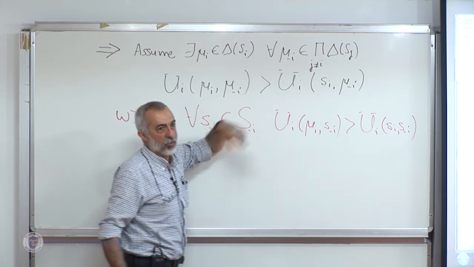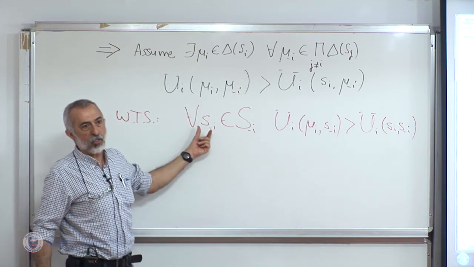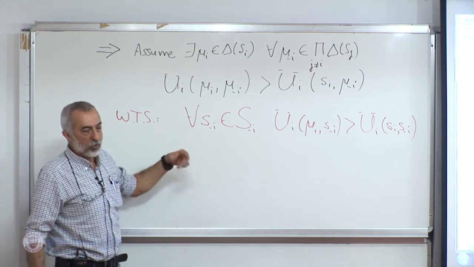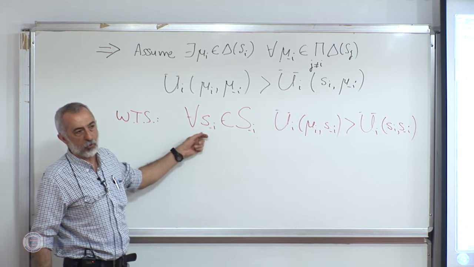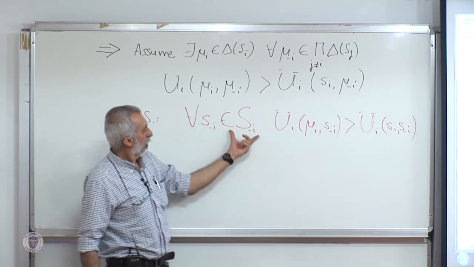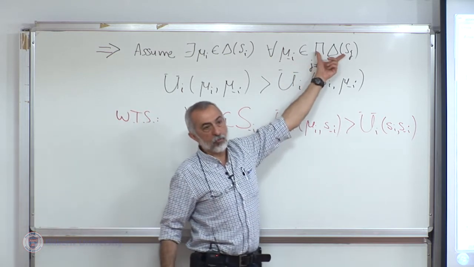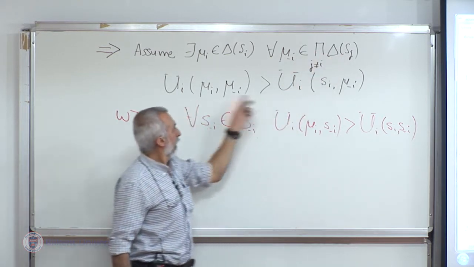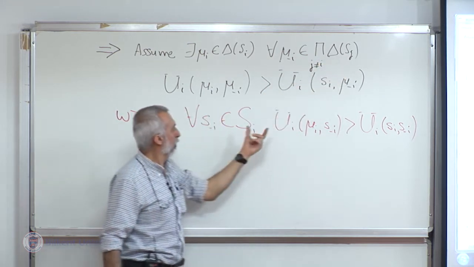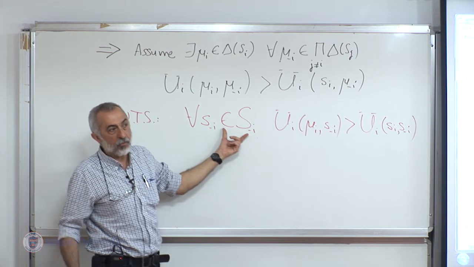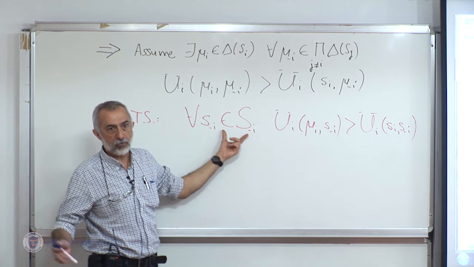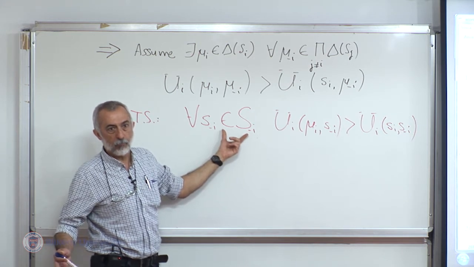That is what we said: for every pure strategy, there exists a mixed strategy which selects that pure strategy with probability 1 and any other strategy with probability 0. So in that sense, this set is a subset of this set. Well, if this statement is true for any element in this set, it will also be true for the subset. And that's it, actually. Okay? That's the whole thing. Okay?